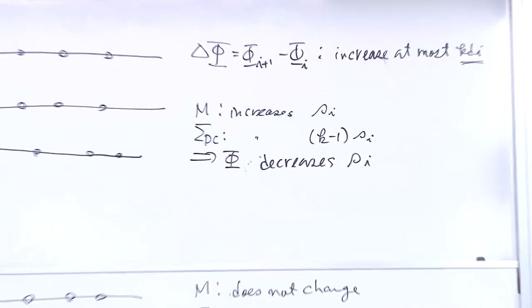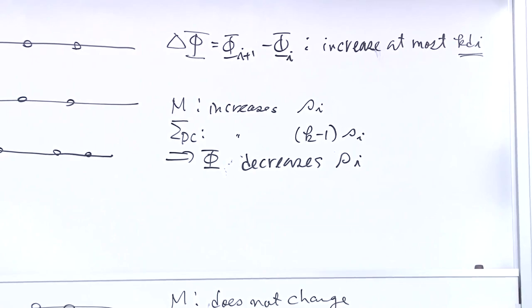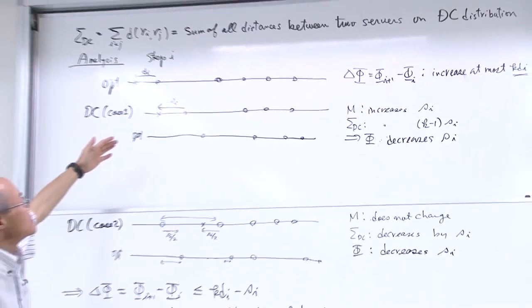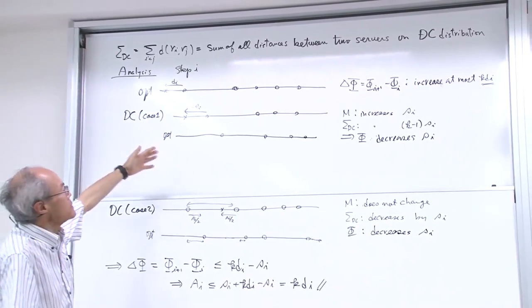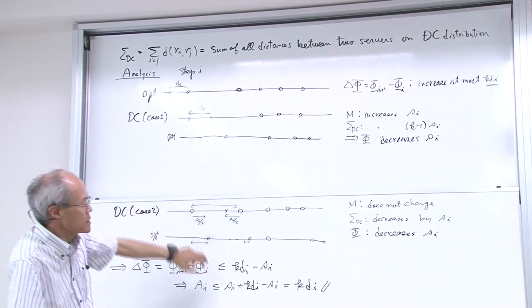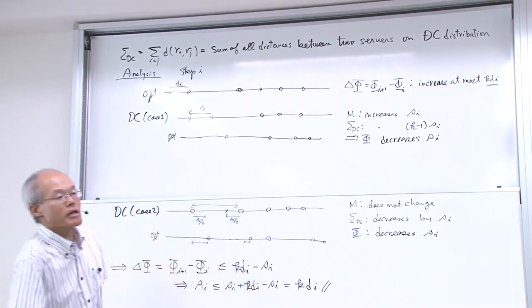Delta phi increases at most k d_i by the movement of opt, this guy, and decreases s_i by the movement of DC. So yes, this is correct.